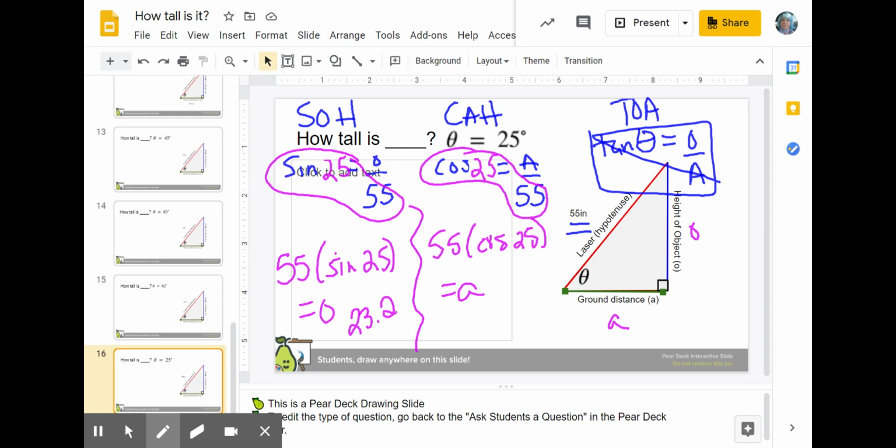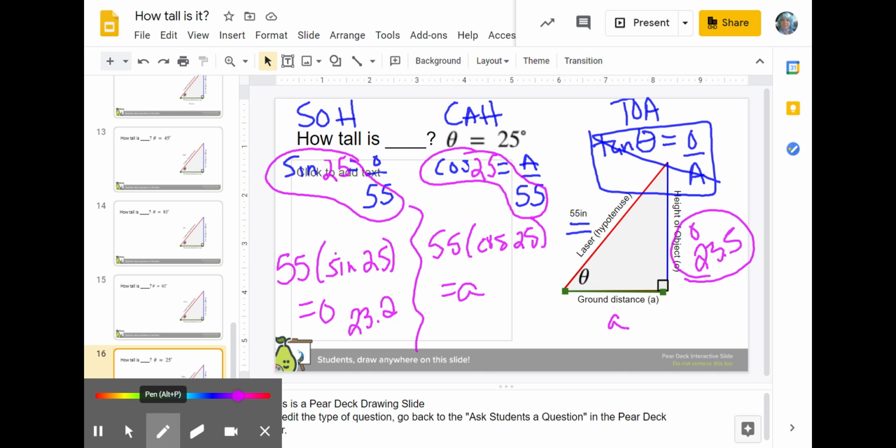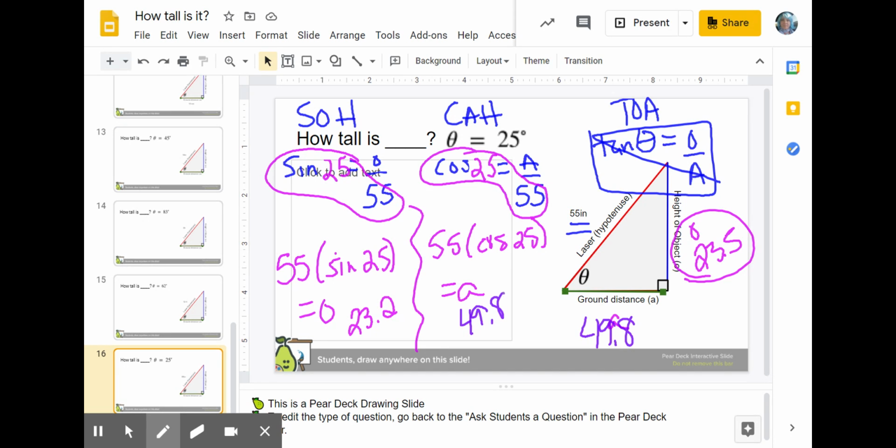O is 23.2? Oh, yeah. And you could 100% round that to 50.